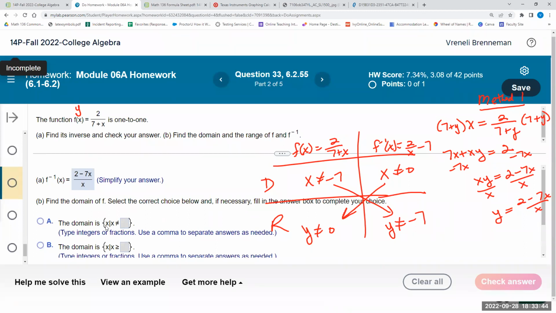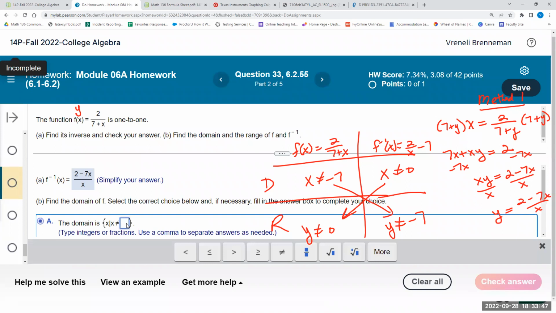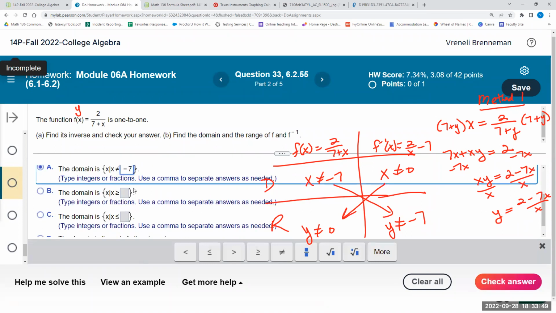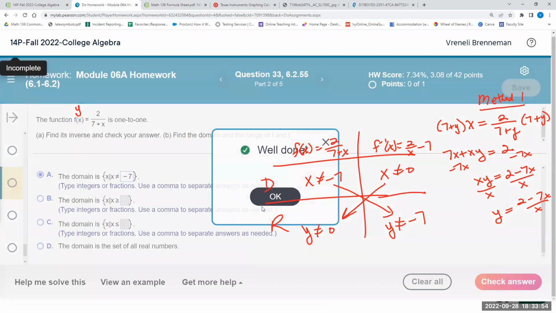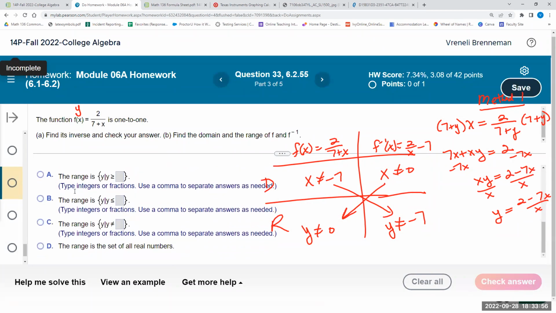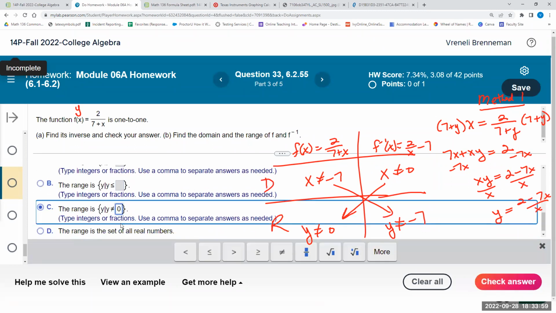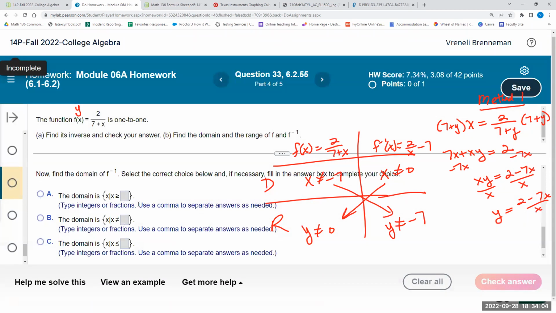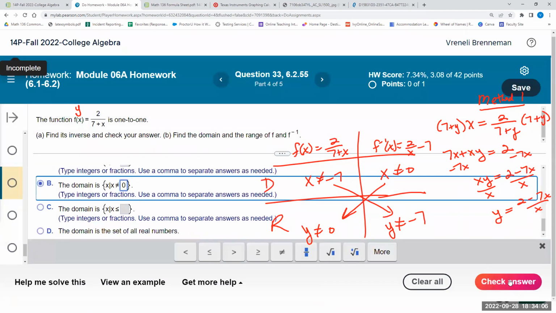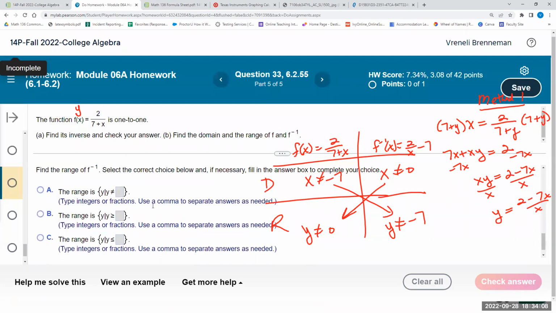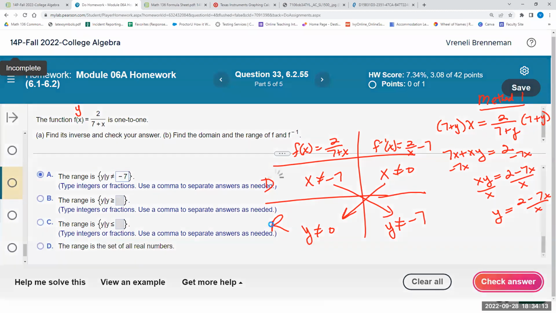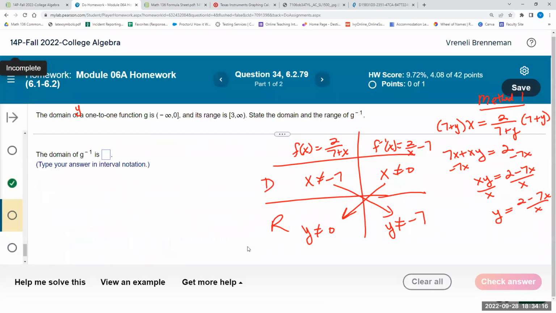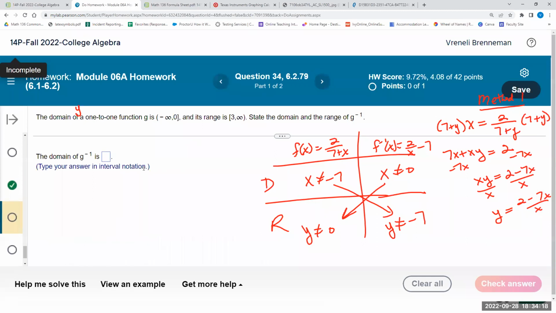The x has to apply to both. So the domain of f is x not equal to -7. Here it already has the x not equal written in there. Then the range of f, y not equal to 0. I found that by finding the domain of f inverse, x not equal to 0. And the range of f inverse, y not equal to -7. But we have that matching up of the domain of f with the range of f inverse and vice versa.